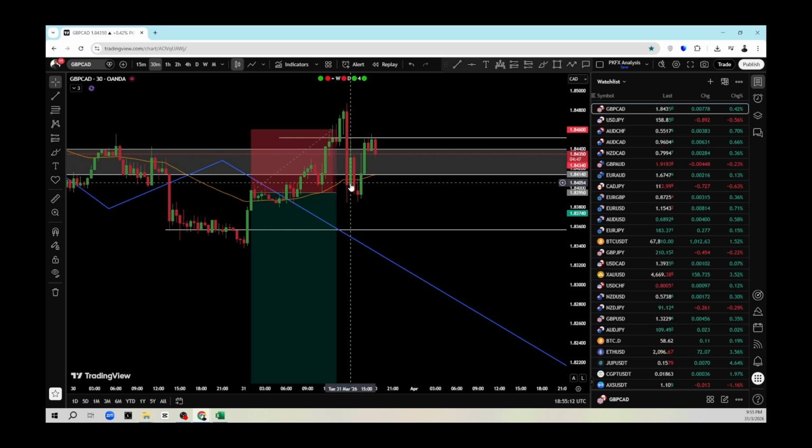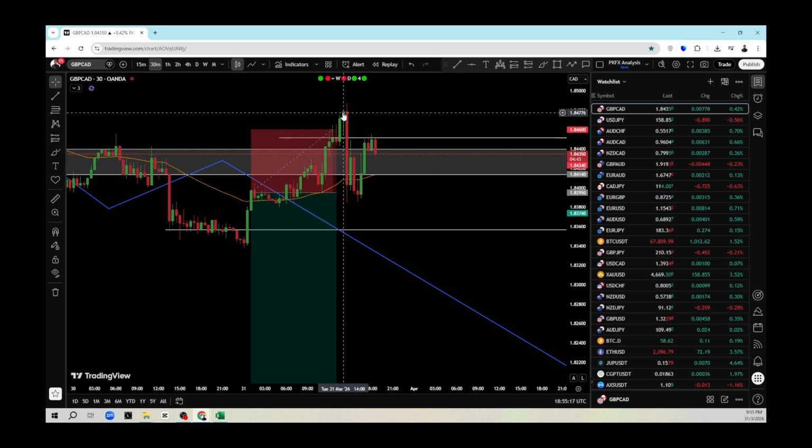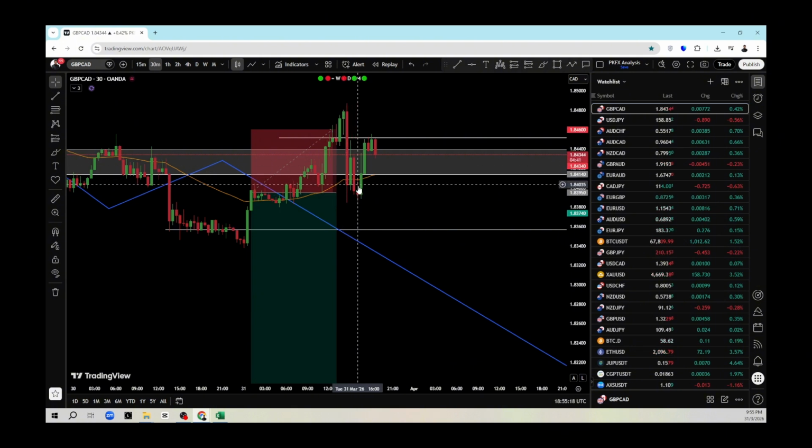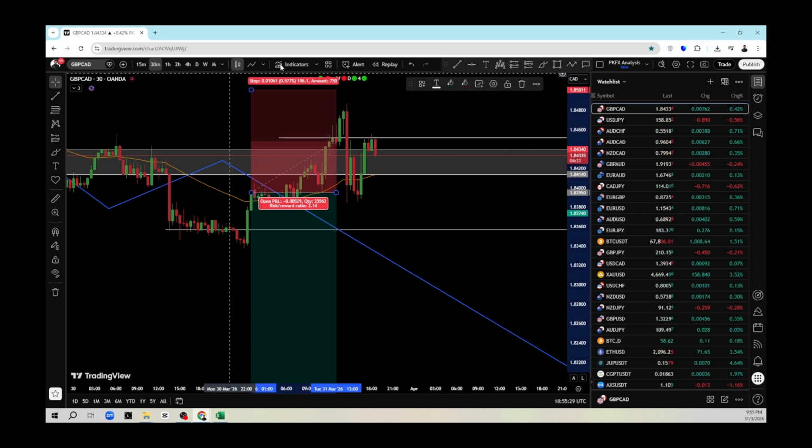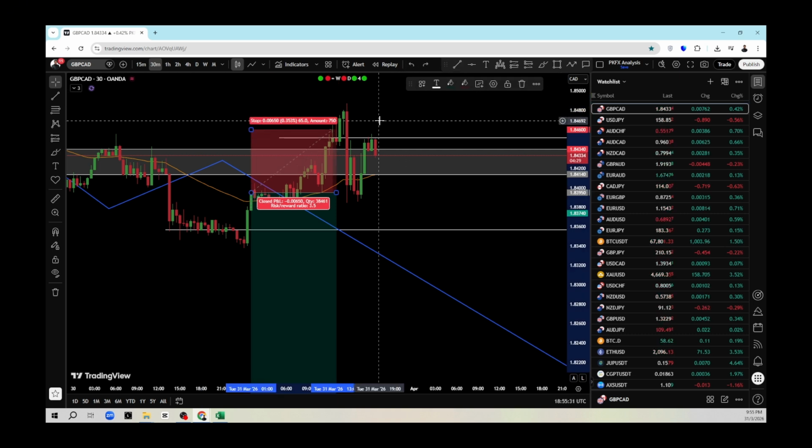And we can see that the market has pretty much made a new lower low and lower high. So I believe the market is shifting. However, I would consider this as a valid stop loss. There was no reason for me to extend the stop loss even further because I've placed the stop loss in a strategic way above the zone of support and resistance, or this box, or I call it area of interest.